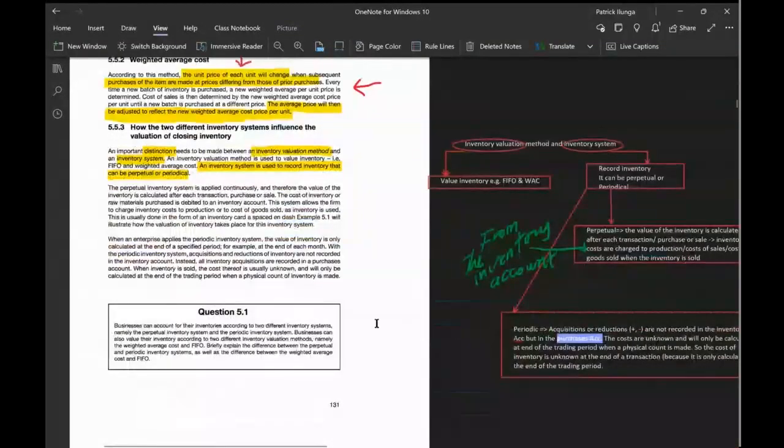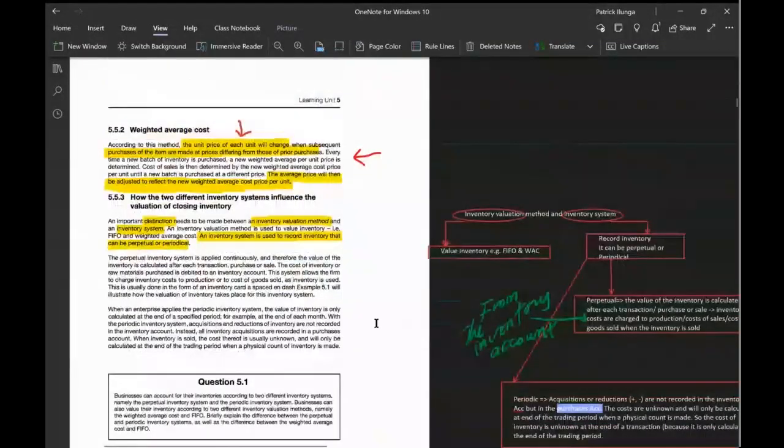So one can ask, what is the difference between inventory valuation, meaning how we value inventory, and inventory system? The inventory system records the in and outflow of inventory. That's why we say it is a system.